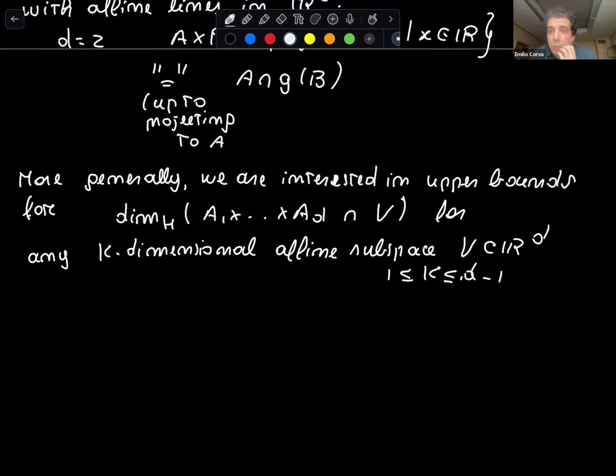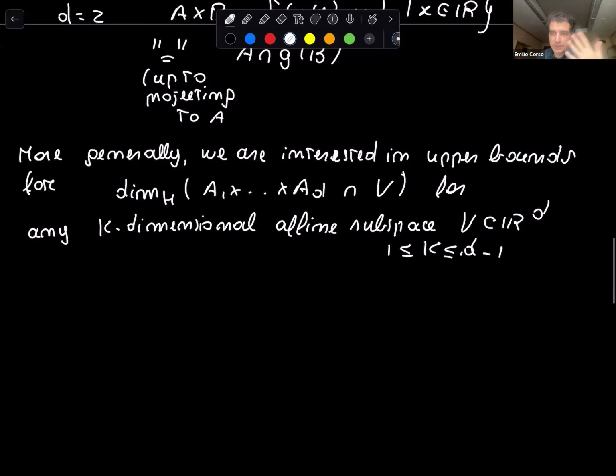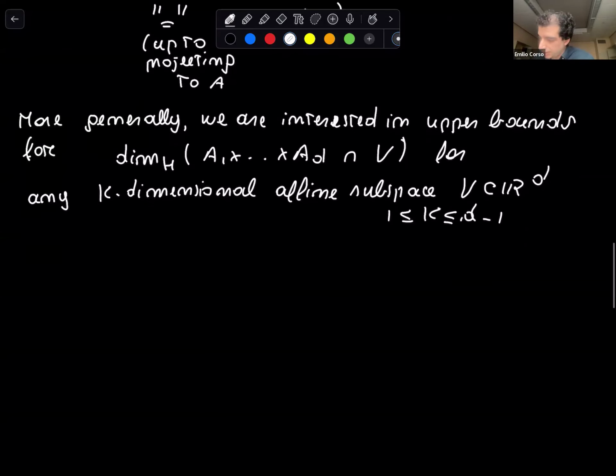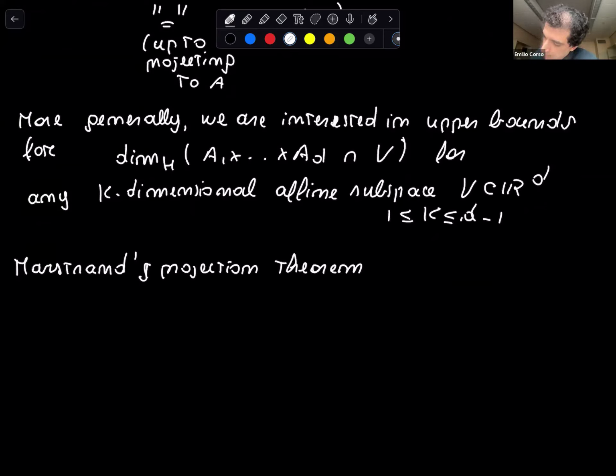This is, again, a well-known line of investigation in fractal geometry, which goes back at least to Marstrand's projection theorem. So there is a dual point of view. Slices are inverse images under orthogonal projections. Let me start with the most famous result in this realm, which is Marstrand's projection theorem, which dates from 1954.